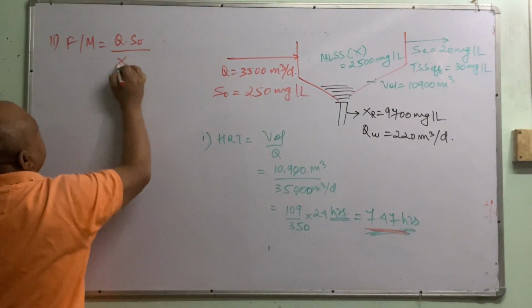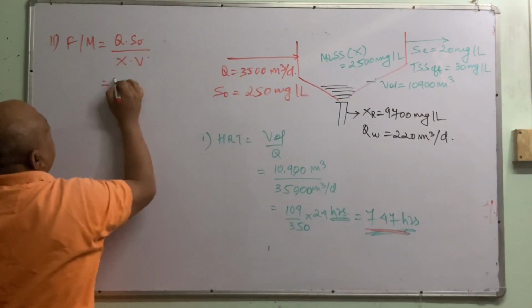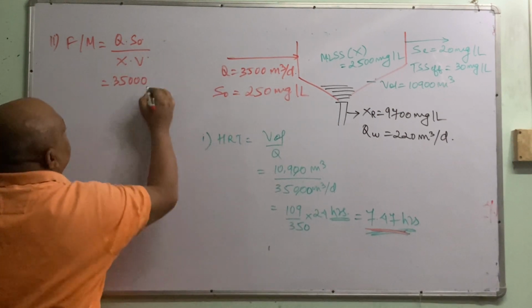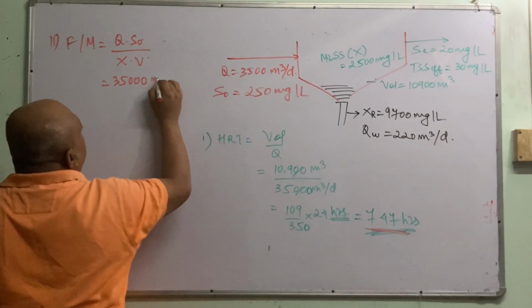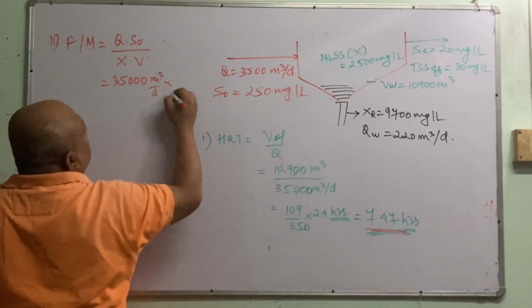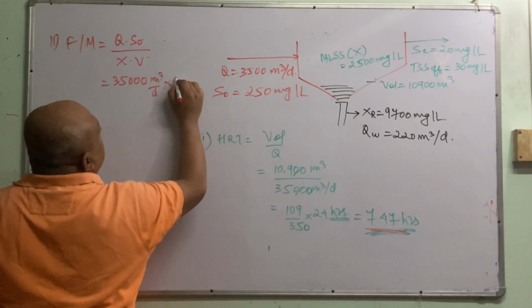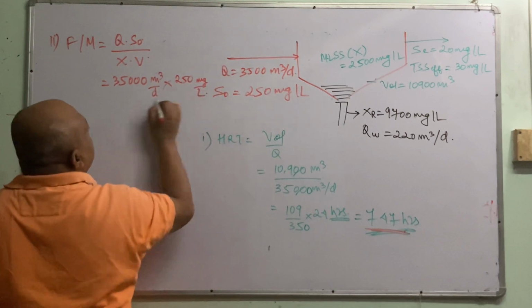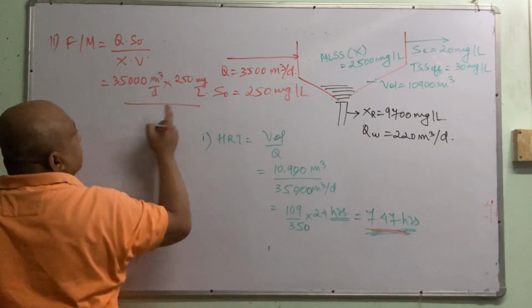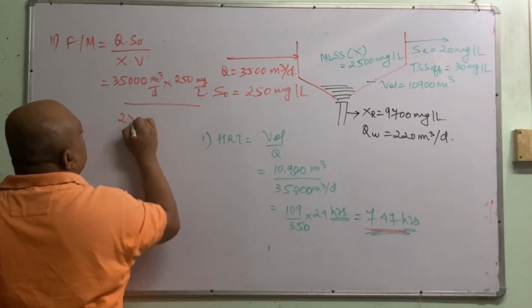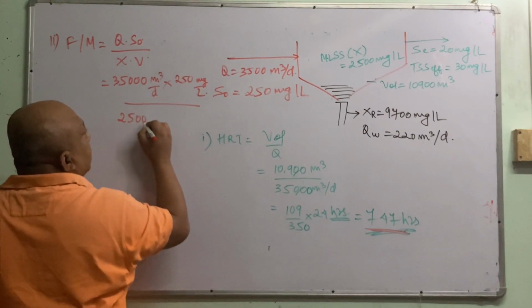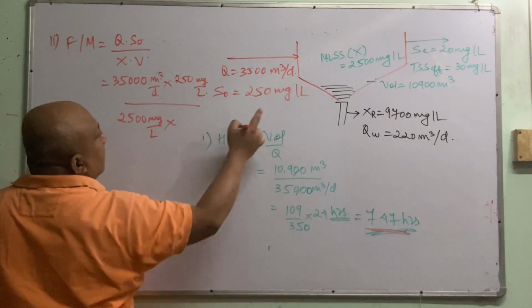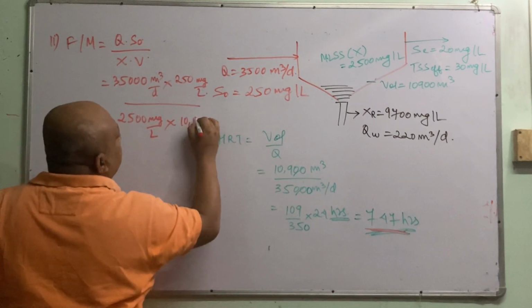That is X into V. So Q is 35,000 meter cube per day. BOD is 250 milligram per liter divided by X. X is 2,500 milligram per liter. What is the volume? 10,900 meter cube.